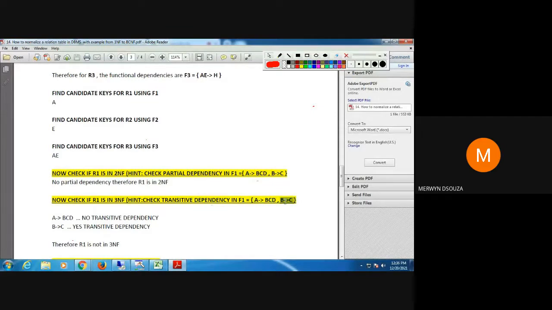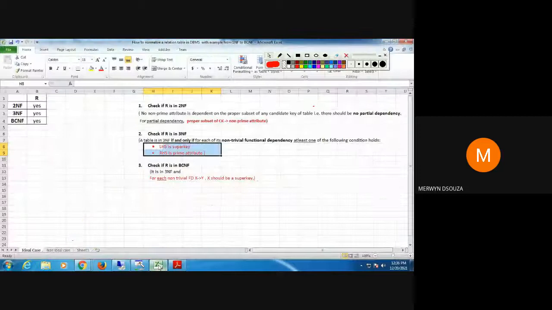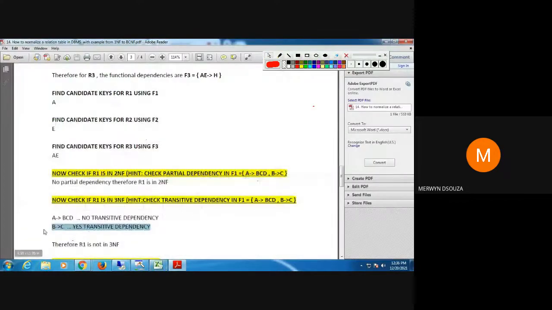Take the second functional dependency of R1. Here you will see that both these conditions are not satisfied. Left hand side is also not a super key. Left hand side is not A, and there is only one candidate key here, so the super key can also be only A. Similarly, right hand side is not a prime attribute.